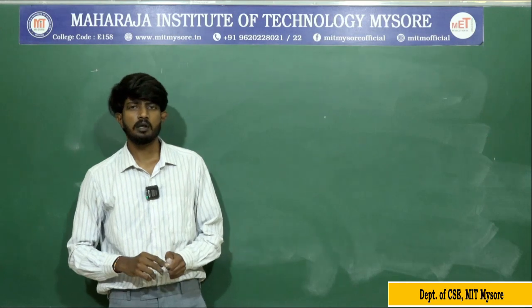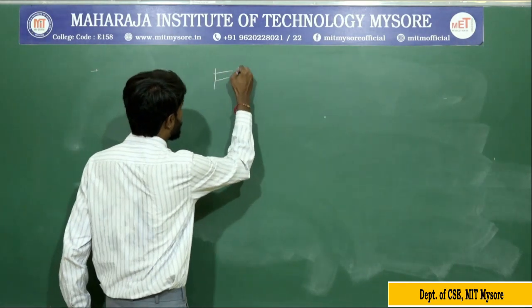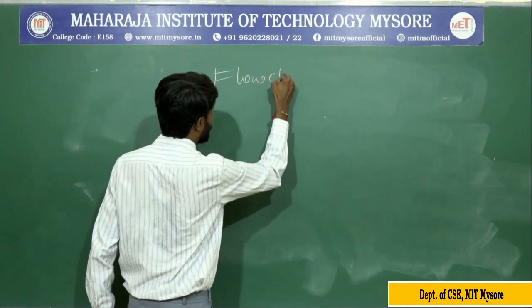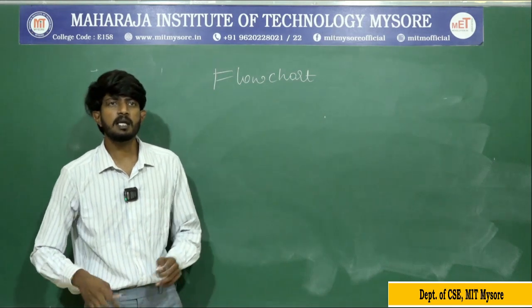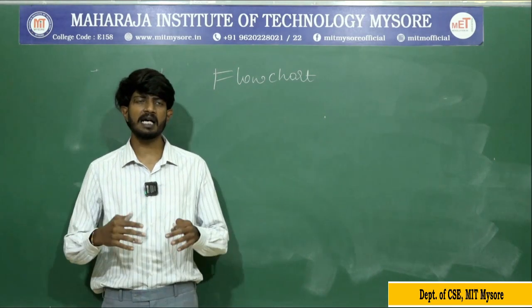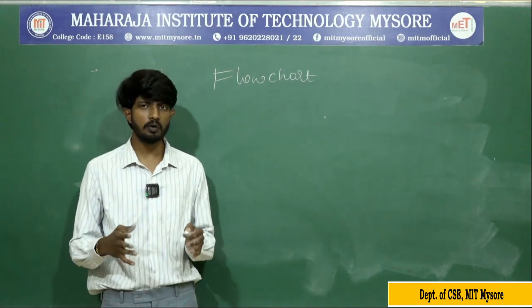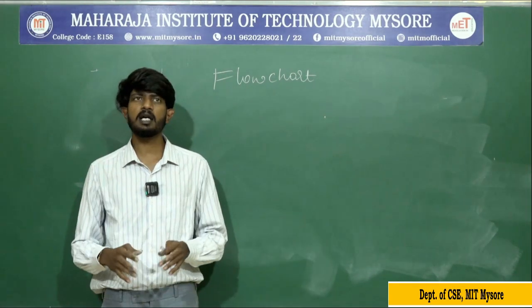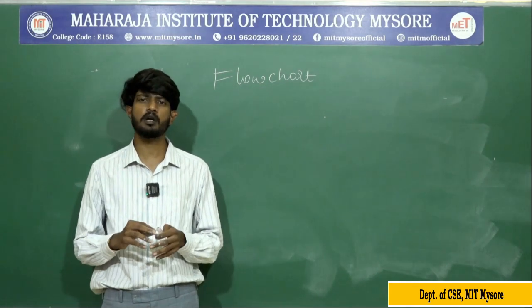The next one is flowchart. A flowchart is nothing but a symbolic representation of the task or the program. We are going to use symbols to show the inputs, the outputs and the overall computation of a program.